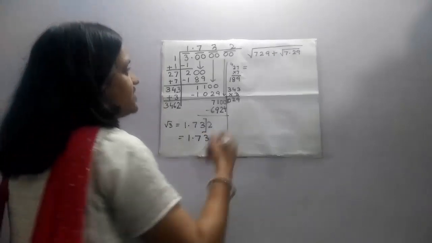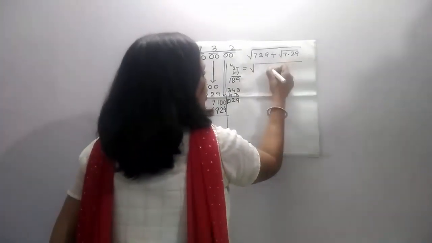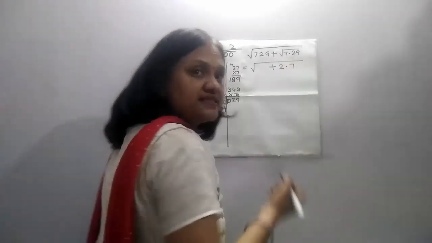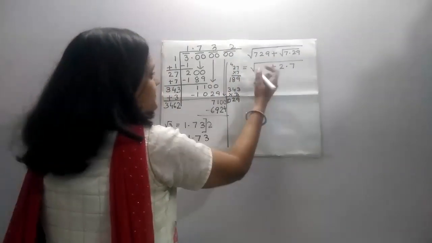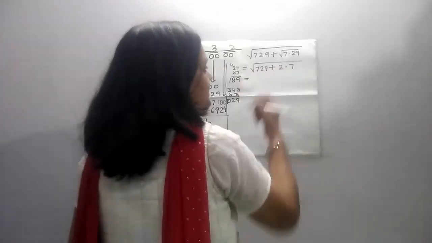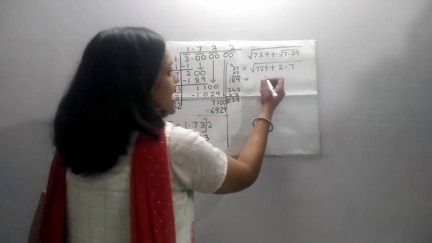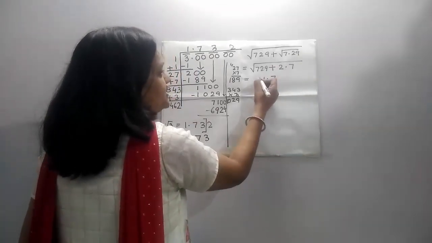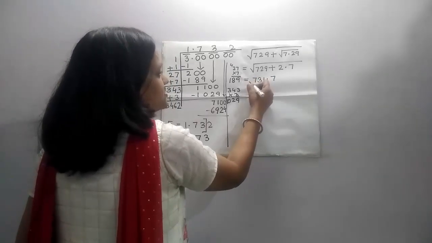It was 2.7, isn't it? This 729 we'll copy as it is. After that, you add them up. What do you get? On adding, you get 9 plus 2, 11, 2 plus 1, 3.